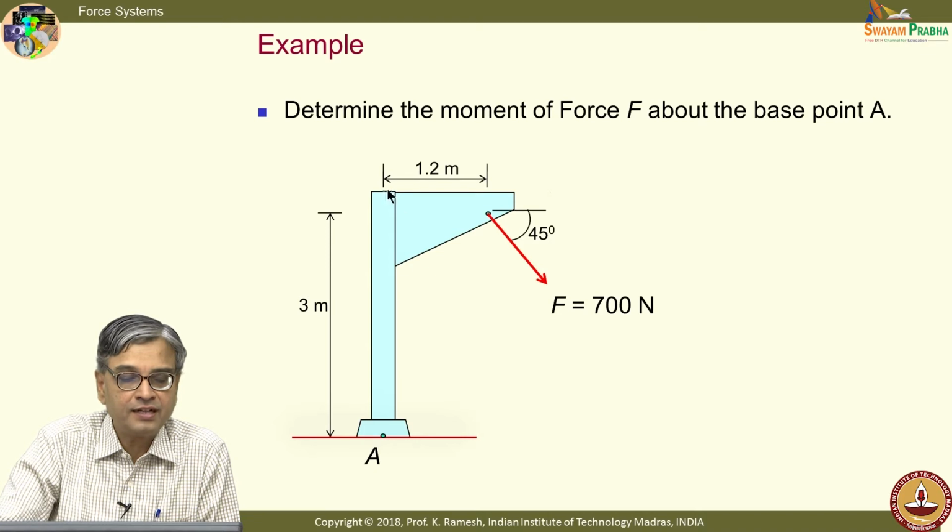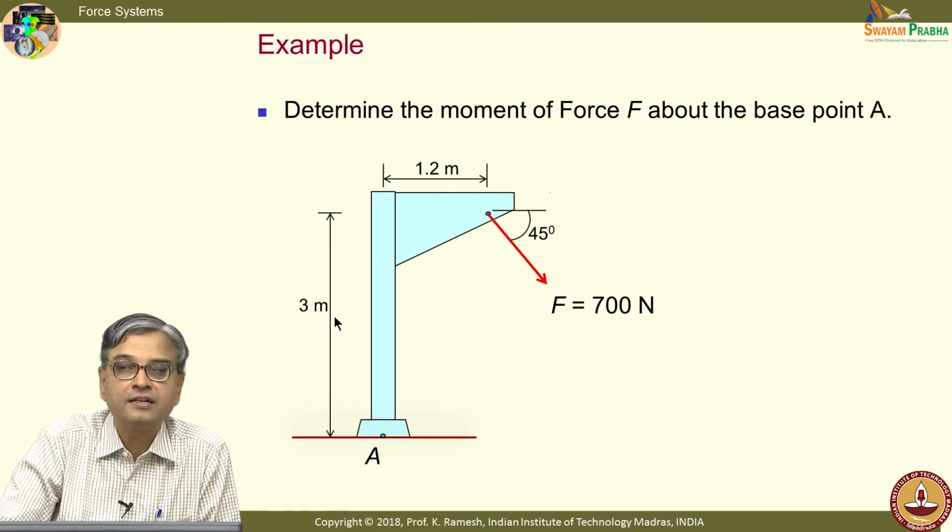And I have the distance of the point of application, horizontal distance from point A is given as 1.2 meters, and the vertical distance is given as 3 meters. This is at the same level. If you look at this point and this height depicted as 3 meter are at the same level. It is very easy to do, and we will solve it by 3 different ways.